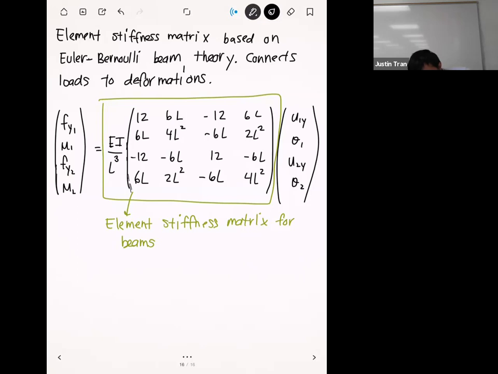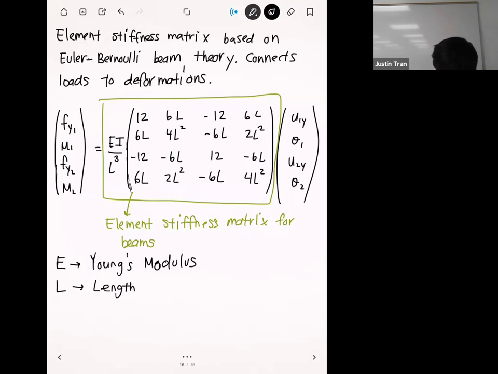Let's define what each of these quantities mean. First we have E, the Young's modulus, same as it always is. L here is the length of the beam. And this newcomer is I, which is new relative to our truss.